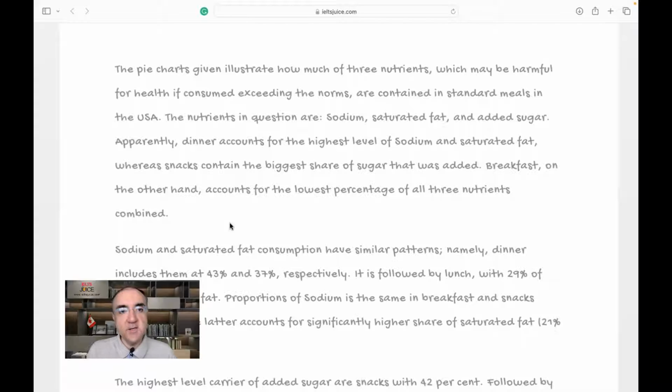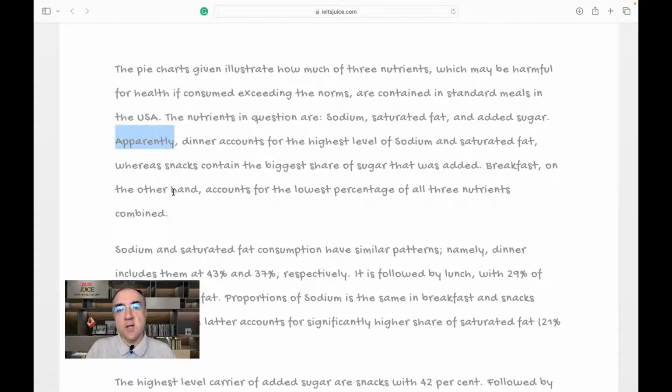Let's move on. Apparently, comma, dinner accounts for the highest level of sodium and saturated fat, whereas snacks contain the biggest share of sugar that was added. Very good. I like this part. It gives an overview of what we expect. So this is nice.